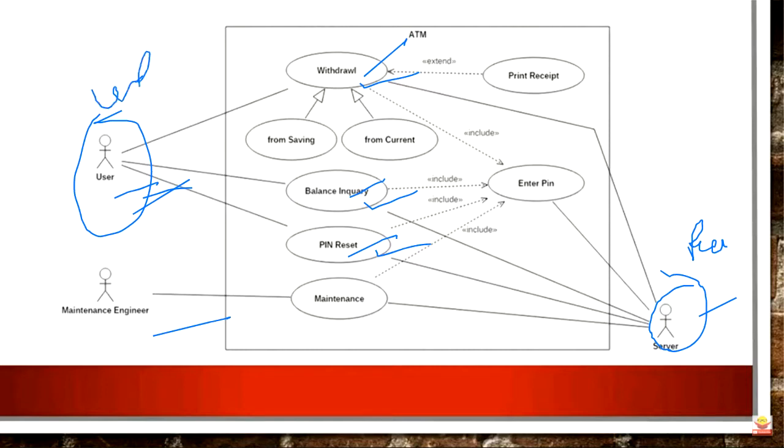Now see this maintenance engineer, this maintenance use case. This is only initiated by this maintenance engineer. Only when the maintenance engineer initiates this maintenance use case, then the server is coming into picture. You can also think of it in the reverse way.